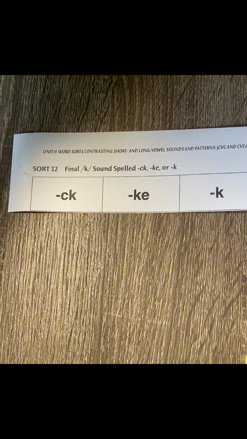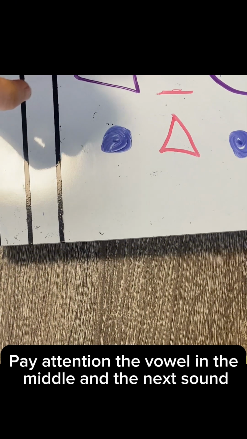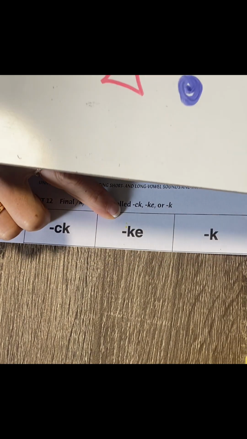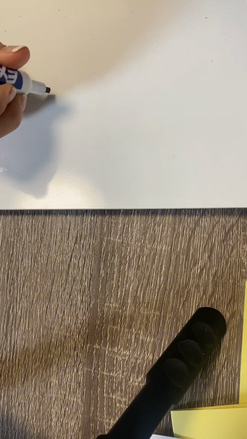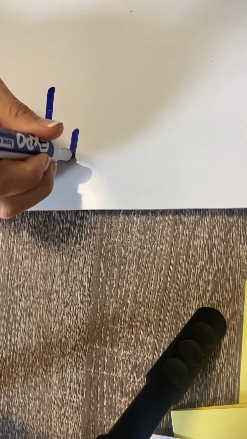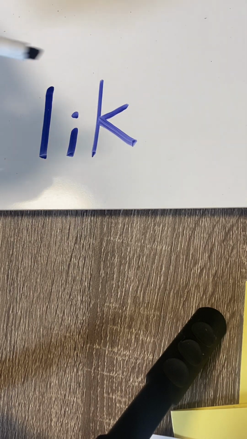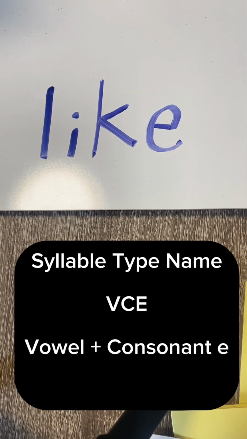And remember, I said it was kind of important to pay attention to this vowel, because if it's going to be this KE sound right here, that's a different pattern. There we go. Let's do like. L, I, K, E. Okay.